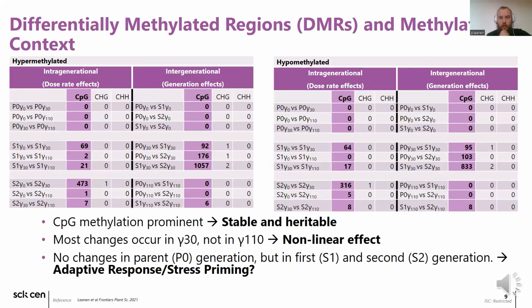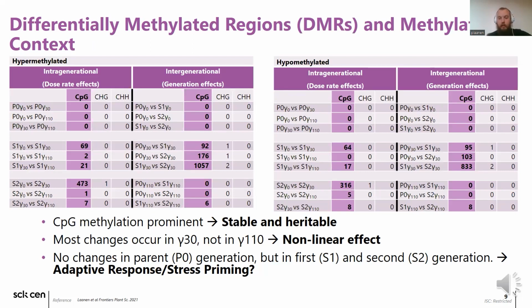The whole genome bisulfite sequencing data showed us that most changes occurred in the CpG methylation context and less so in the other two contexts. This is very interesting, as this could potentially be specific for this stressor.